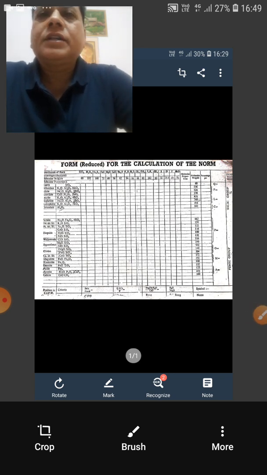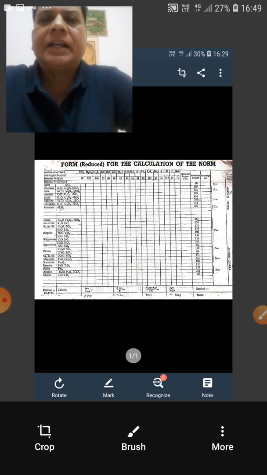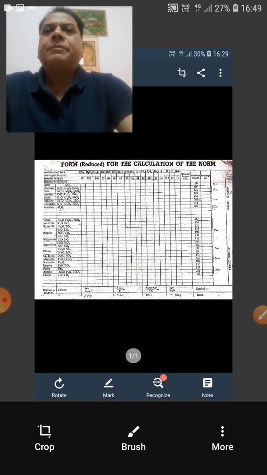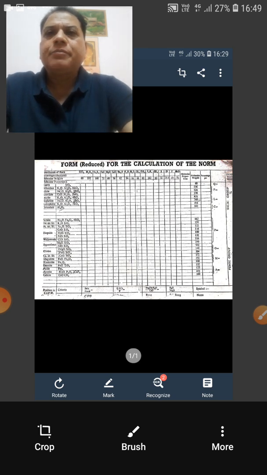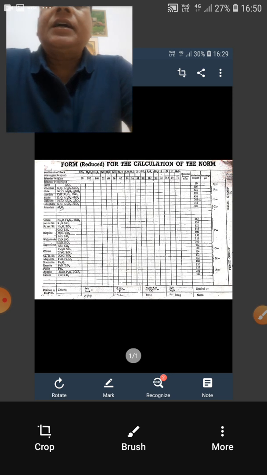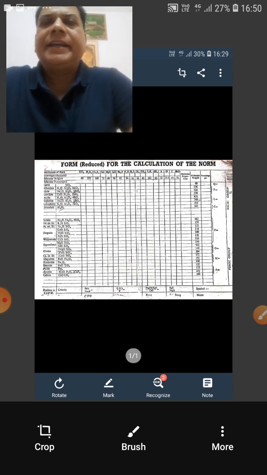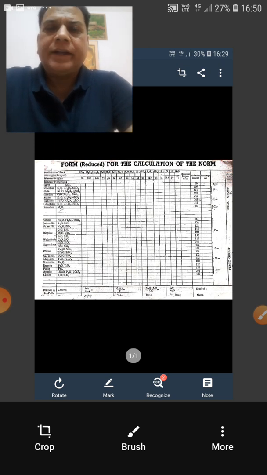For all these major oxides of a chemically analyzed rock, the data will be given in the form of oxides, and you will divide it by its molecular weight to get the molecular proportion. Right, this is the first step: convert the weight percent oxide data into molecular proportion by dividing each oxide with its molecular weight.